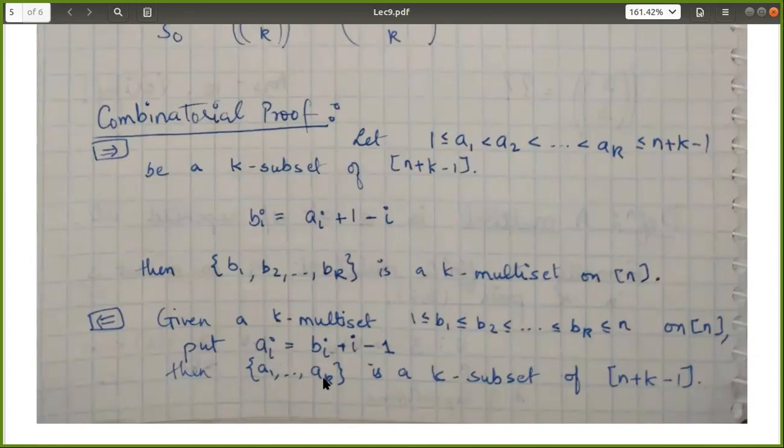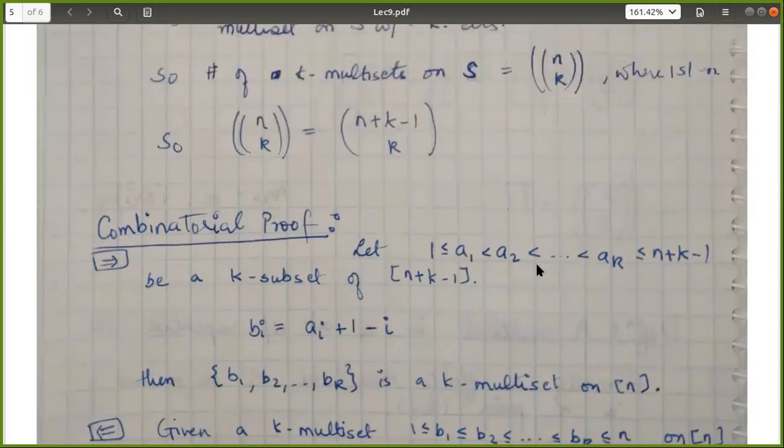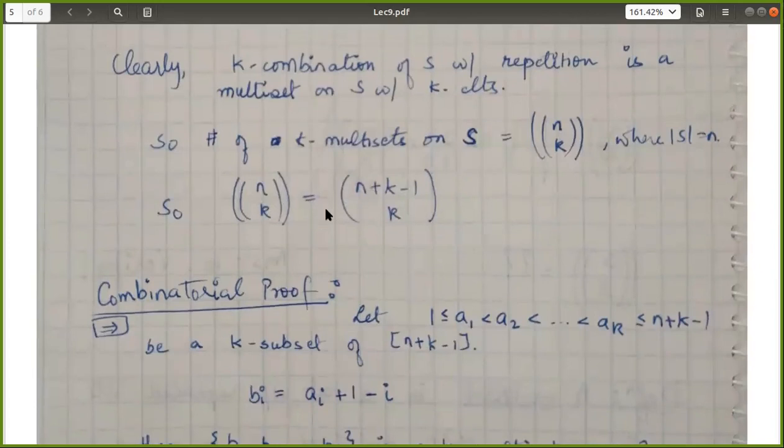So this is actually a subset and not a multiset. But how many elements? K. So a K subset of N plus K minus 1. Therefore, you started with a K multiset on N and got a K subset of N plus K minus 1. Thus, these two numbers are the same.